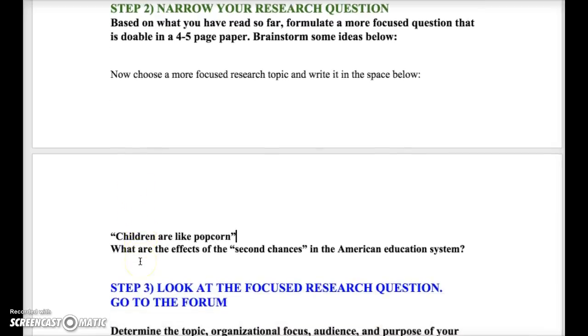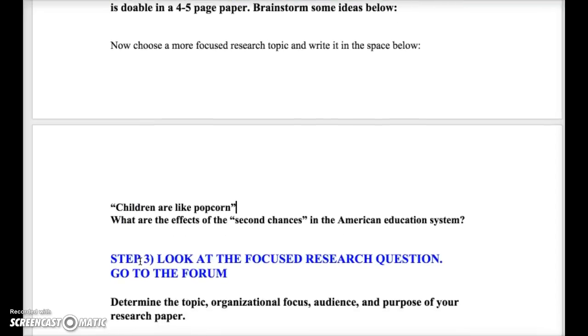He says that in our education system in America, we give children ample time to bloom, meaning some people bloom in their strengths at an early age, and they discover those things at an early age, but we also give children and adults even a chance to explore their strengths at different times. Just like popcorn pops at different times, so do children.